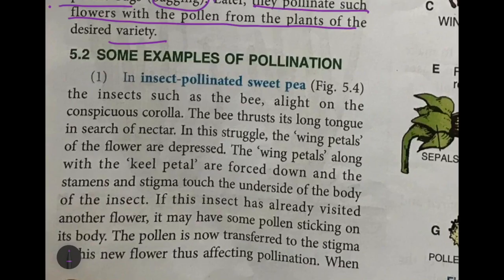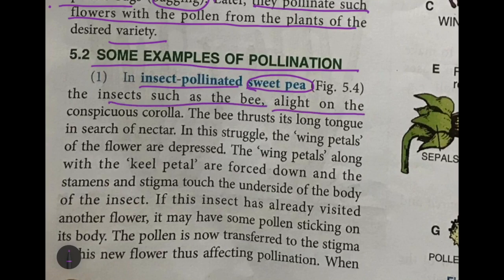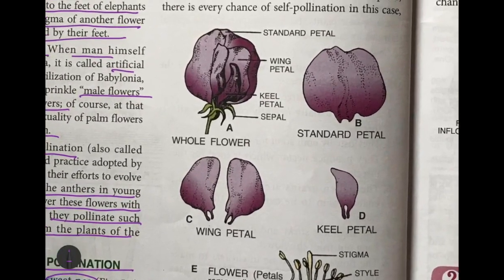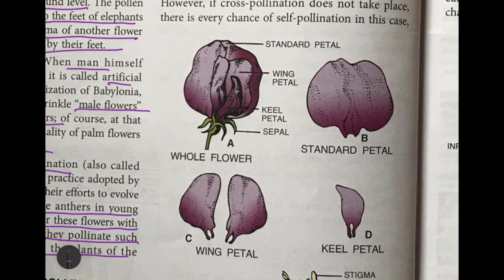Moving on to some examples of pollination. We take the example of a sweet pea, which is insect pollinated. So the insect, like the bee, alights on the conspicuous corolla. Alights means it sits. Conspicuous means colorful. So the bee thrusts its long tongue in search of nectar. So here what happens is the wing petals of the flower are depressed. So the wing petal comes here.